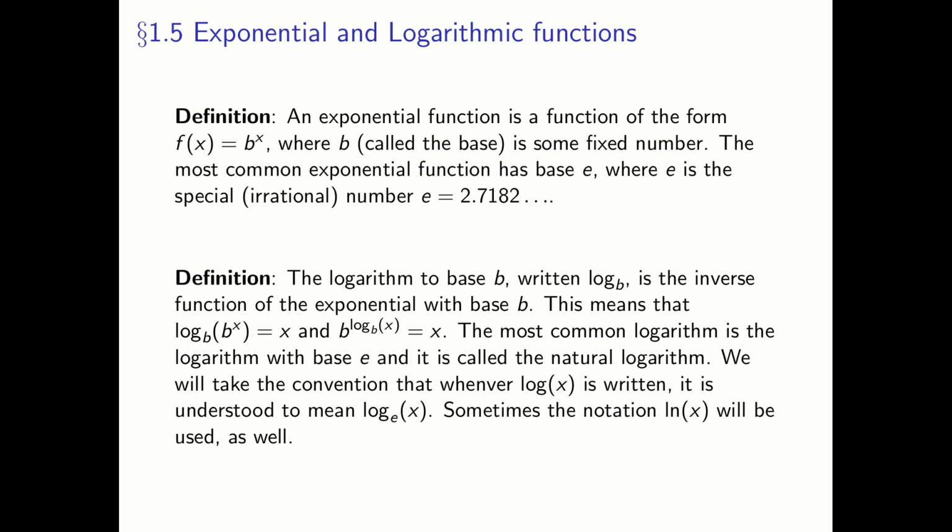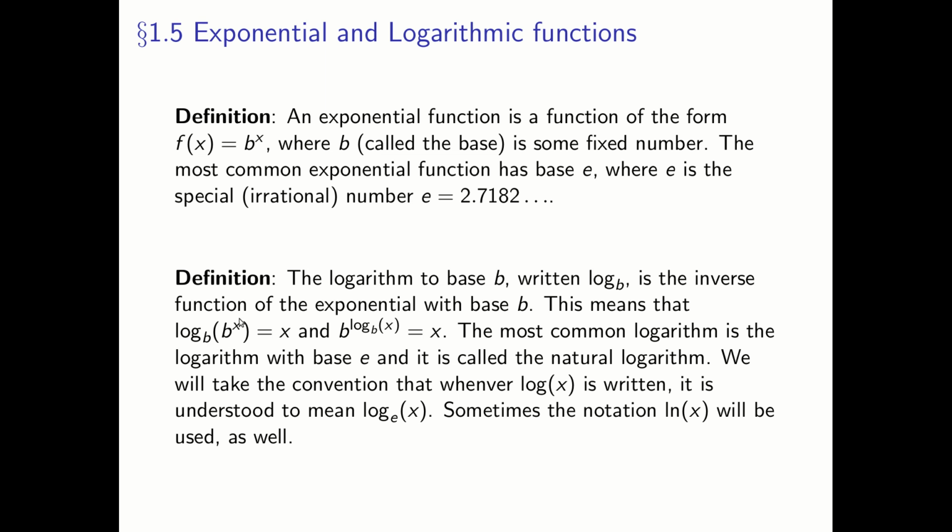Now, logarithms are the way we invert exponentials. And by invert, I mean, if I have an equation with an exponential in it and I want to solve for this exponent, what do I do? Because I can't take square roots or anything like this because it's not a polynomial. So what I actually do is I take a logarithm. And so logarithms have the property that, there's a logarithm for every base.